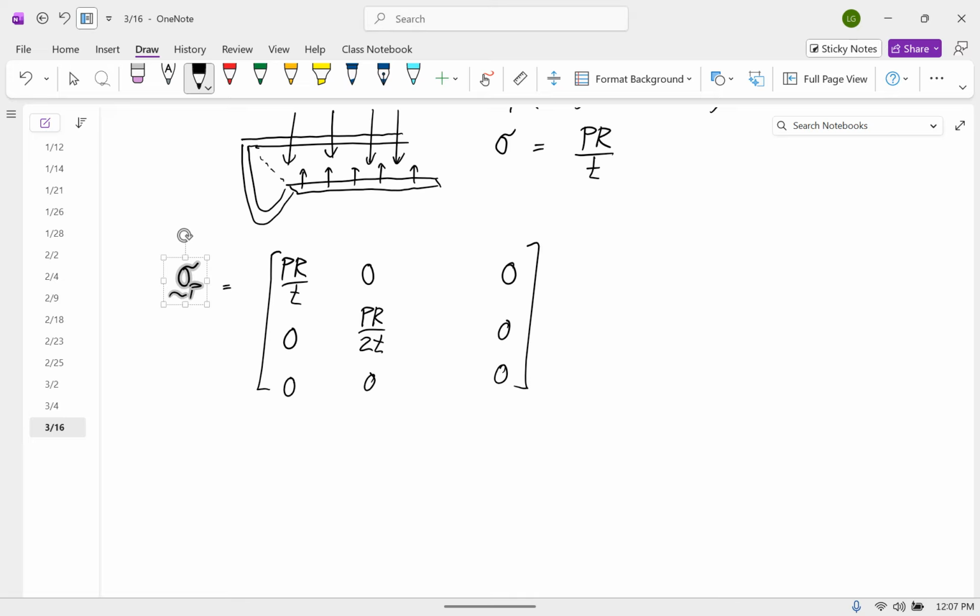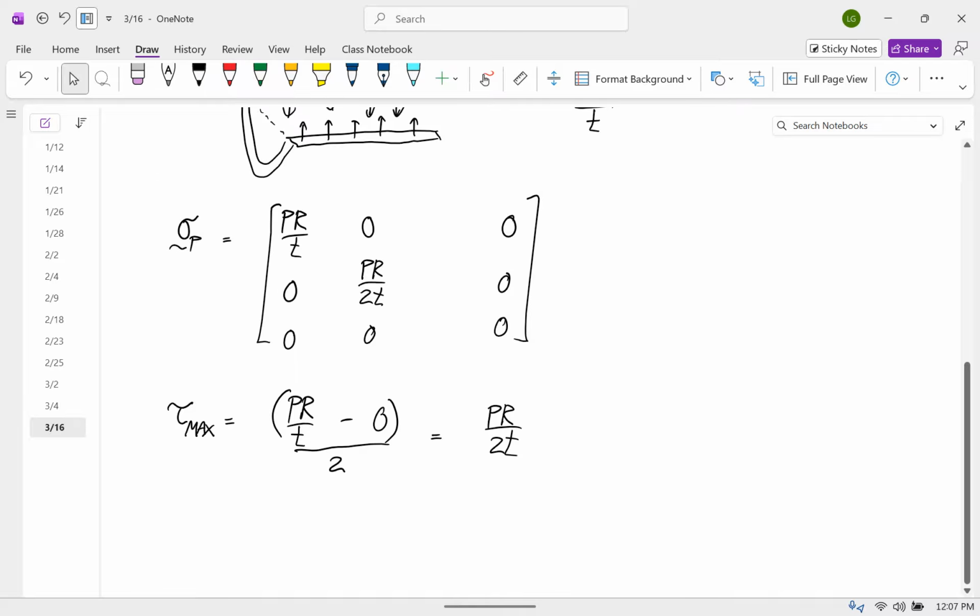And then our max shear stress is PR over T, the maximum normal stress, minus the minimum normal stress, which is 0, divided by 2. So you get PR over 2T. So that's the maximum shear stress.